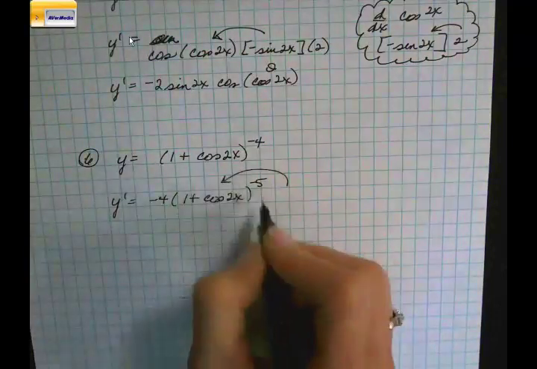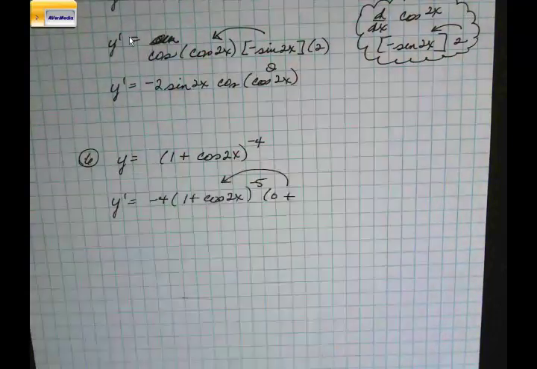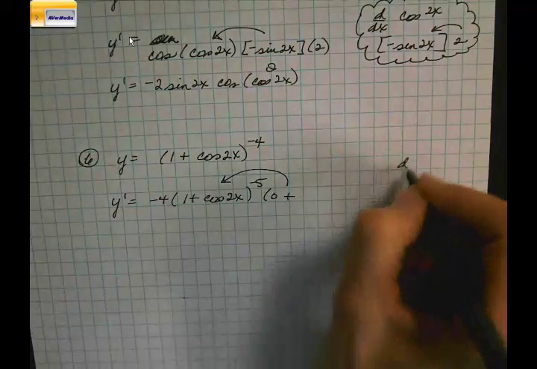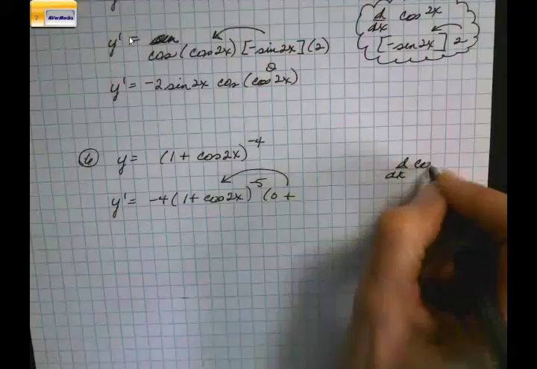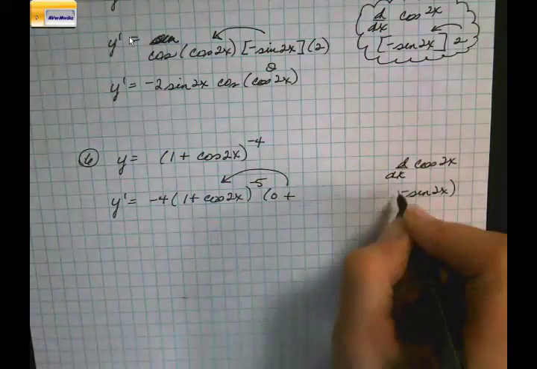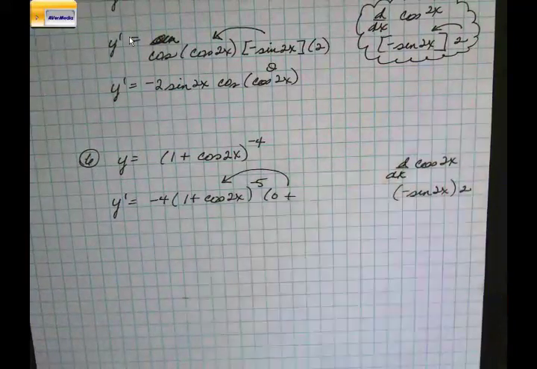Then take the derivative of what's in here, which is 0 plus the derivative of cosine 2x. What is the derivative of cosine 2x? Negative sine 2x times 2.